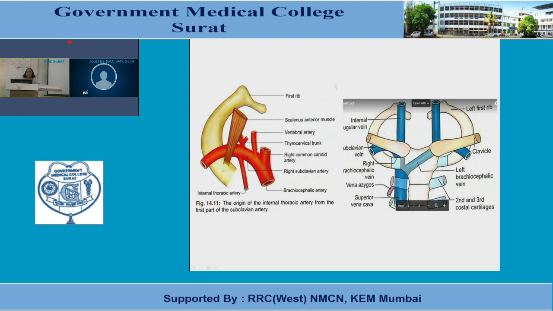You can see this is the internal thoracic artery, which is opposite to the thyrocervical trunk. So as per the course, the internal thoracic artery arises from the first part of the right subclavian artery, as given here in the figure, opposite to the thyrocervical trunk.